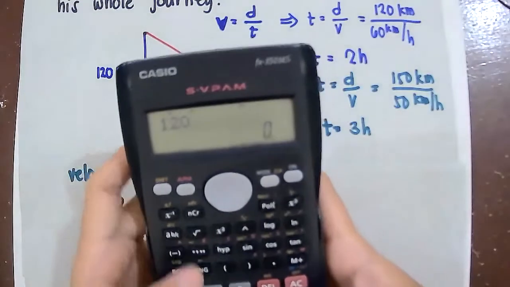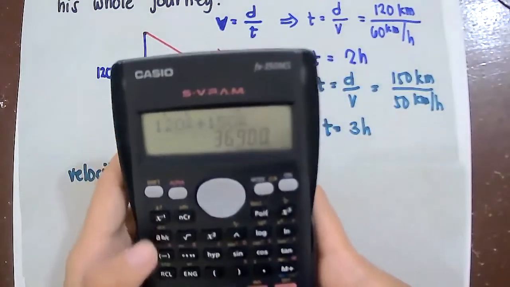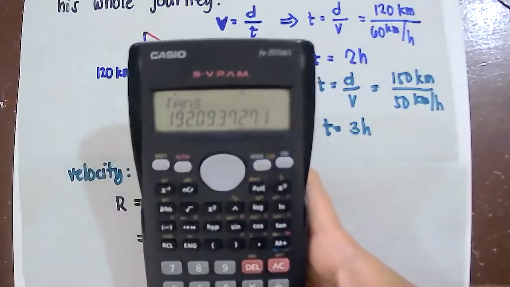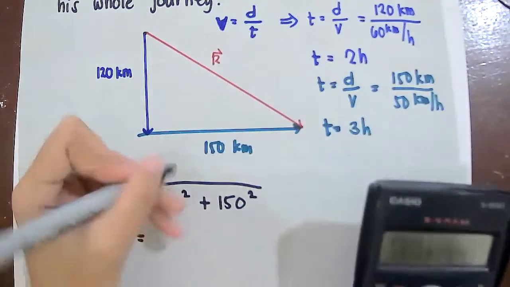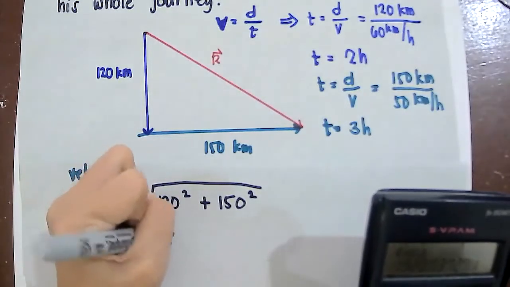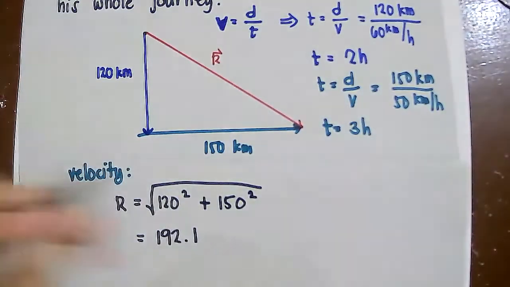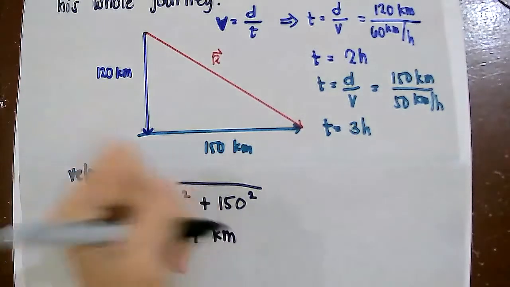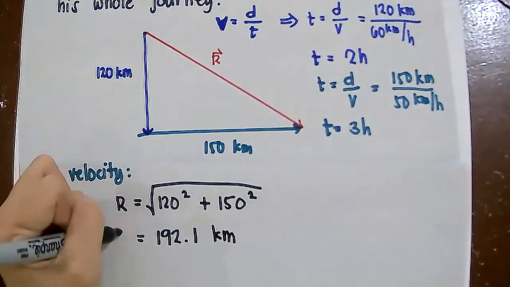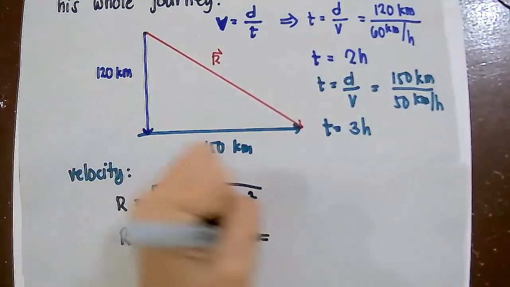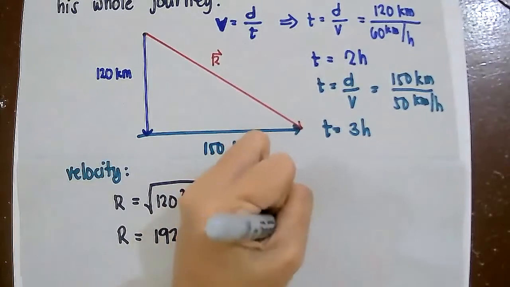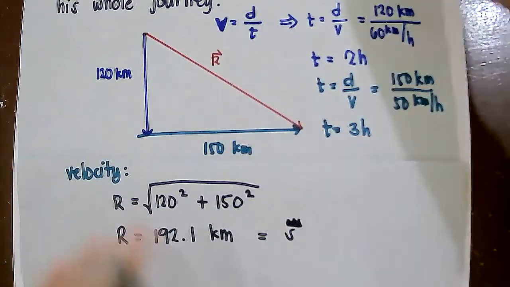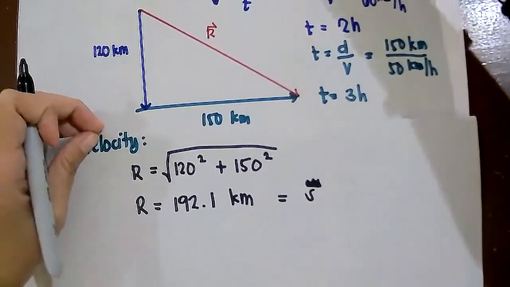So this is 120 squared plus 150 squared, then square root, you will get 192.09, or let's say 192.1 kilometers. Now this is the magnitude for your displacement, or your S. Walang arrow sa itaas. This is just a magnitude. Wala siyang direction, so walang arrow sa itaas yung letter natin.